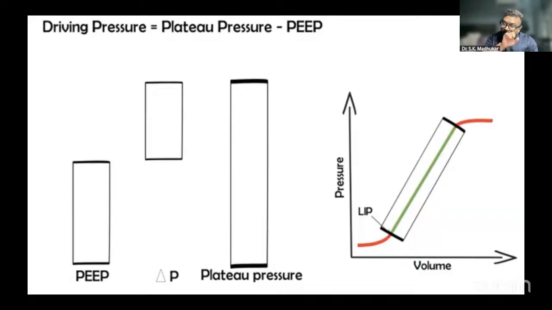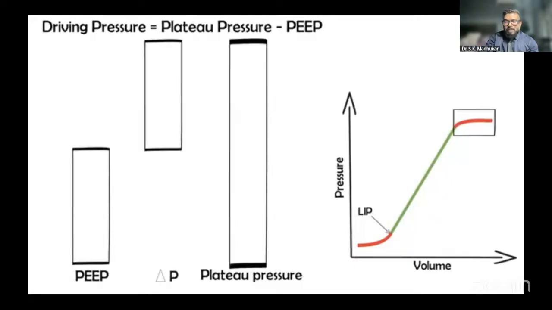That is the ideal ventilator strategy for the patient. So you keep on increasing the PEEP till your driving pressure remains within the target. And this is when the patient is at the steepest phase of the pressure volume curve. This is the most compliant phase of the ventilation.